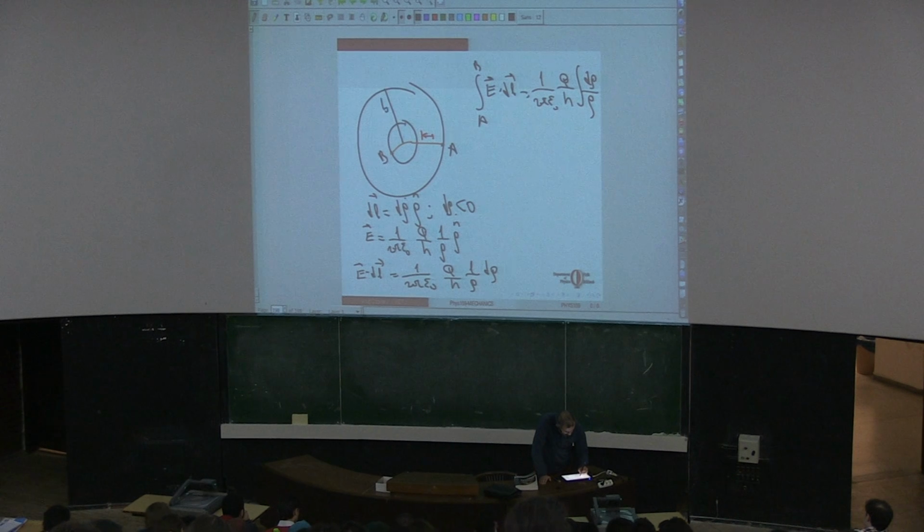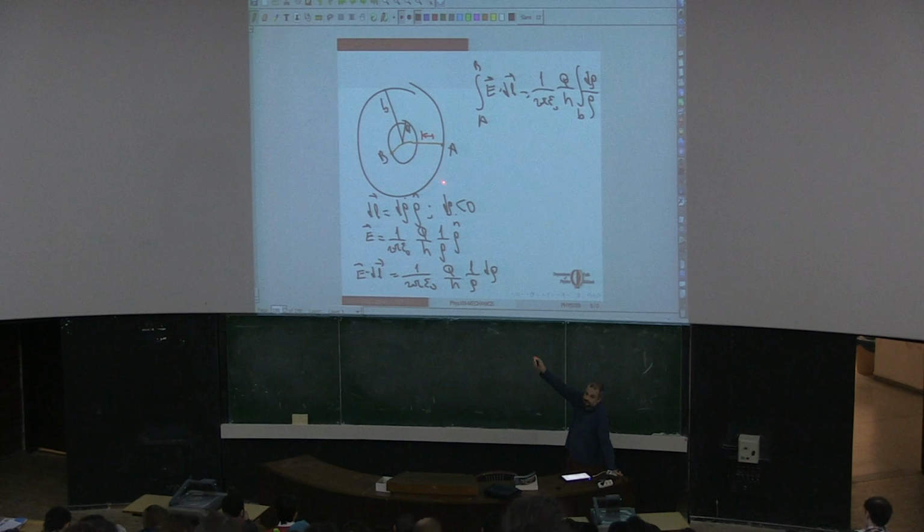This is b. This is a. The initial value of rho at the beginning of the trajectory is b. And the final value of rho at the end of the trajectory is only a. We started from b and are going up to this point, which is a. This point has rho equal to a.